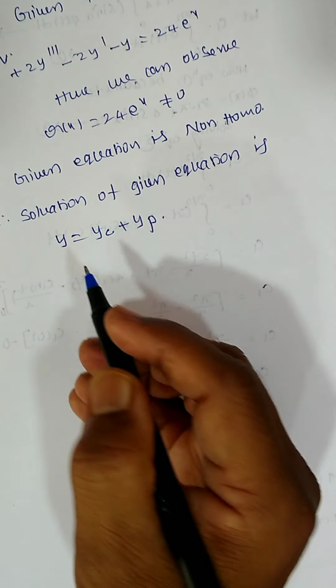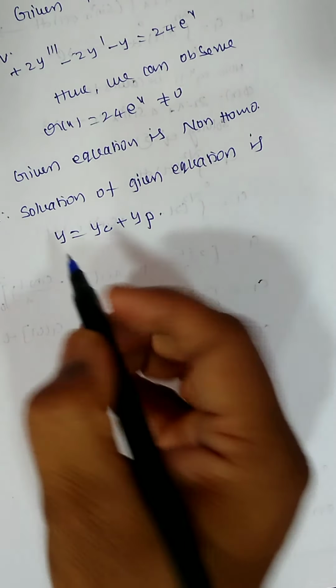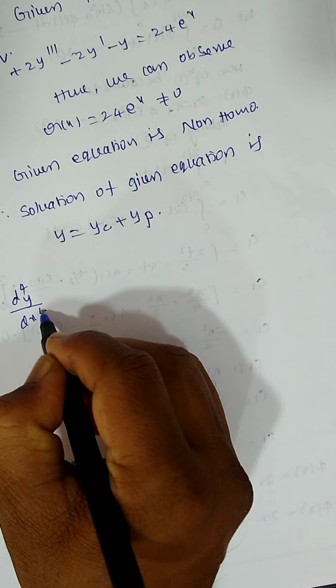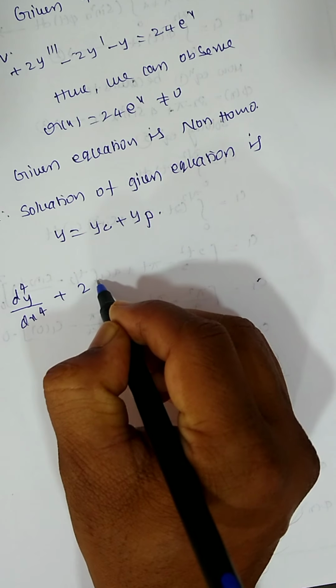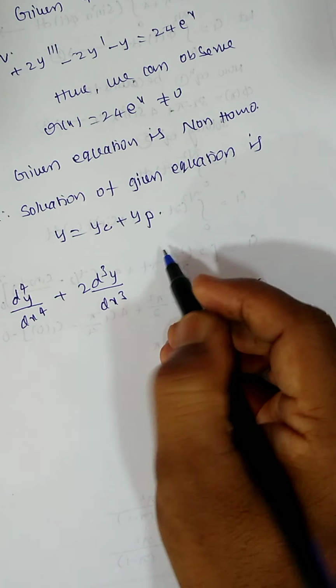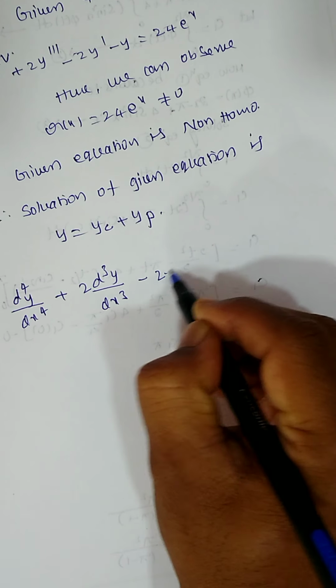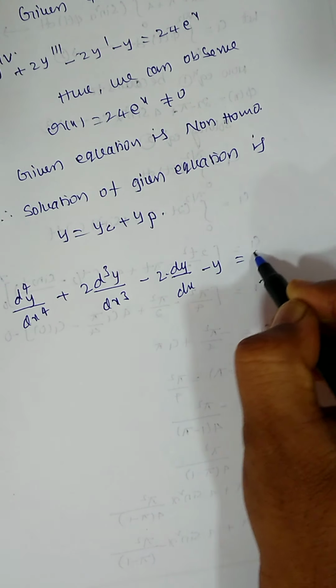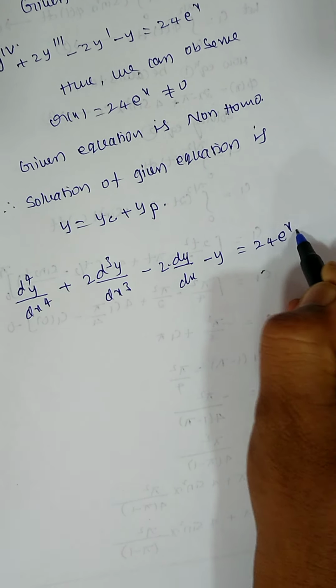Now the operator form of the given differential equation: d power 4 y by dx to the power of 4 plus 2 into d cube y by dx cube, minus 2 into dy by dx, minus y equal to 24 e to the power of x.